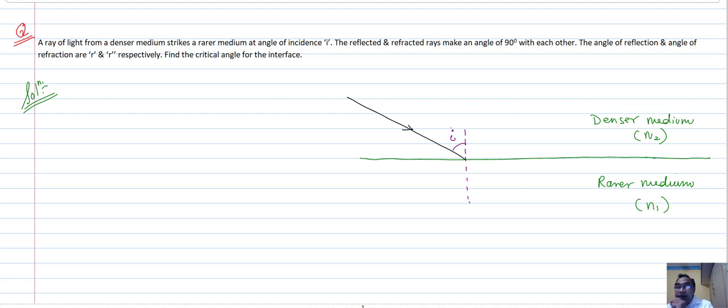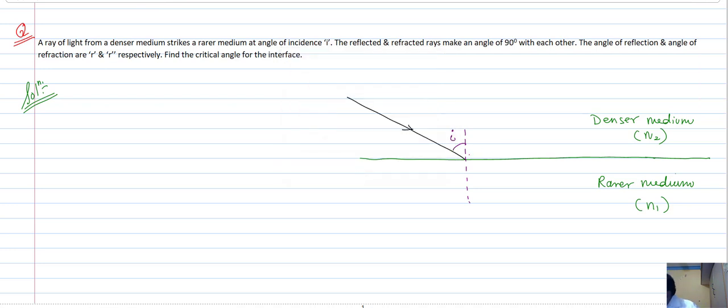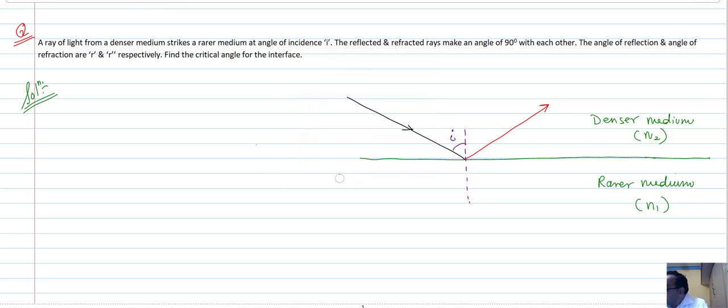Well, students, we need to represent the reflected ray and refracted ray first before we start thinking how to solve. Now the ray of light is going from denser to rarer. Just for the case of representation, see, this is the reflected light, and if I consider the refracted light to be this.